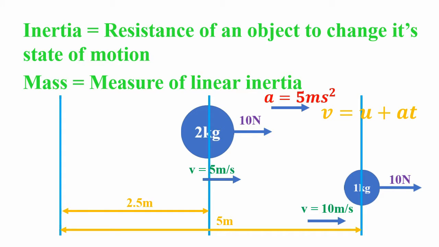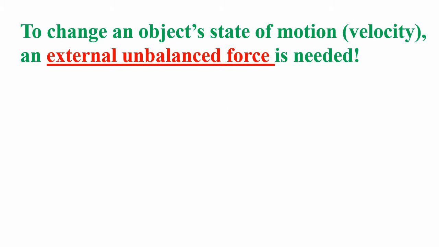Now, acceleration is the rate of change of velocity. So you can see that when the mass is higher, the rate of change of velocity is lower. So we have understood that to change an object's state of motion, we need an external unbalanced force or a resultant force acting on the object.